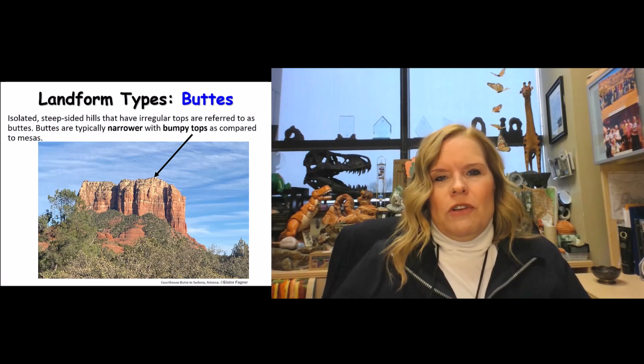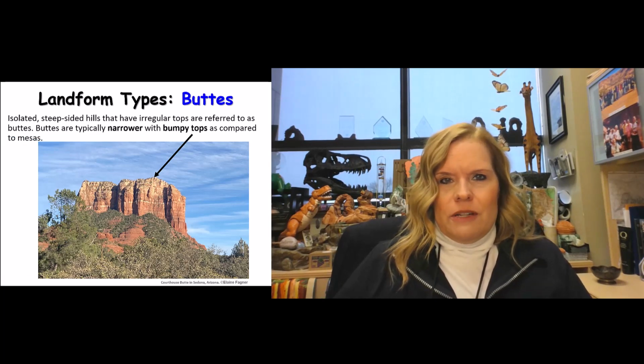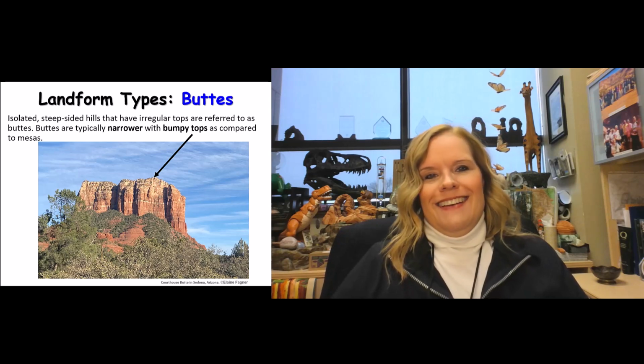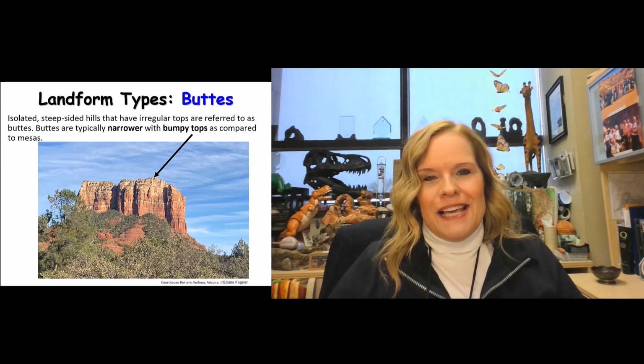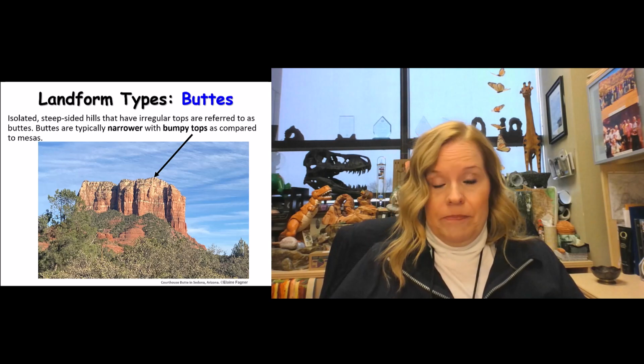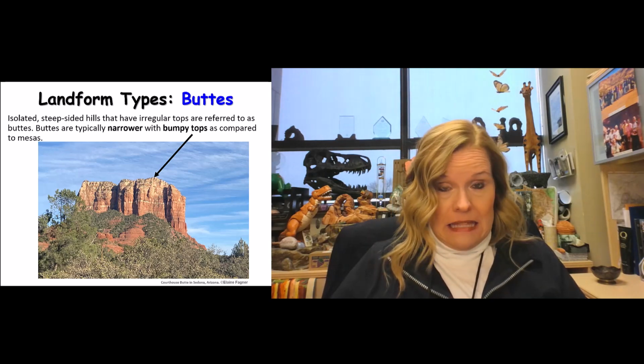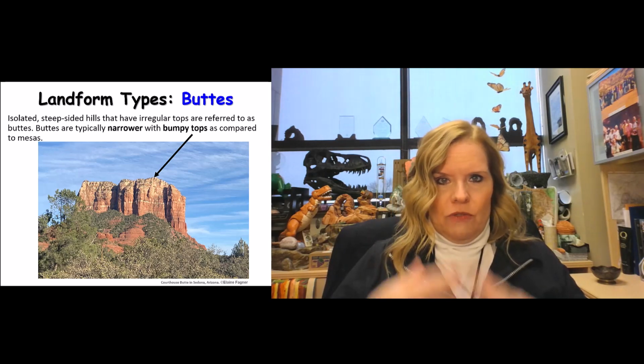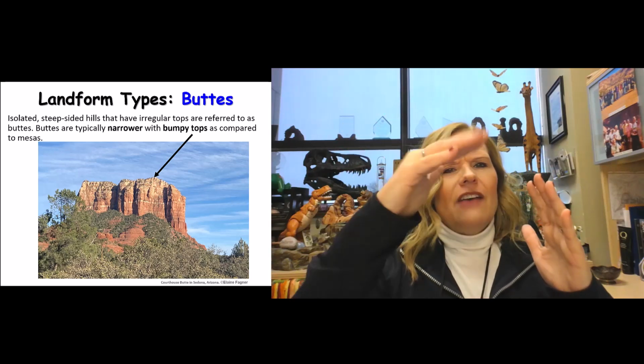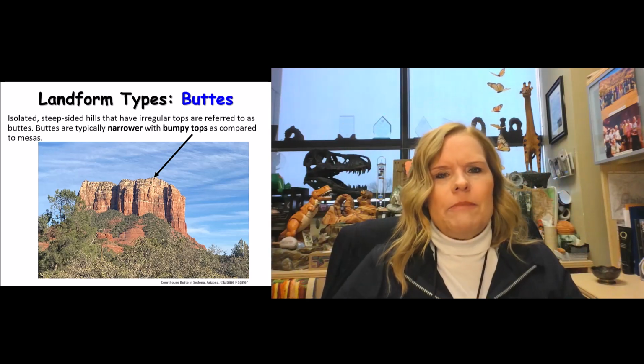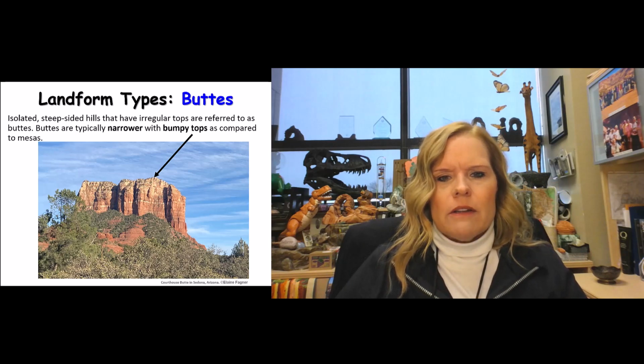So buttes, I kind of chuckle sometimes when students look this up because they'll say, well, it's like a mesa. Kind of. It kind of is. But it's not, because it could have been a mesa in the past, but a butte is very steep and it has an irregular or bumpy top. So where does that come from? You're like, well, that doesn't look so bumpy. It is.